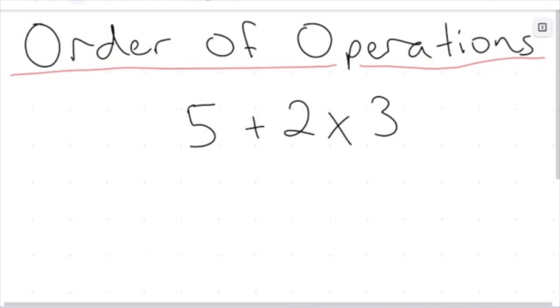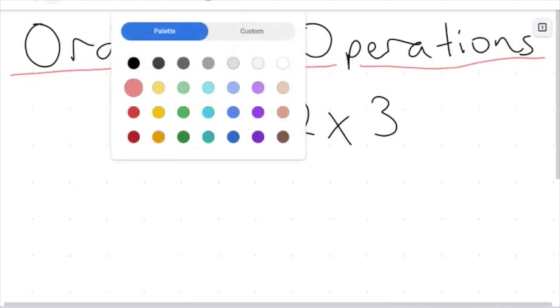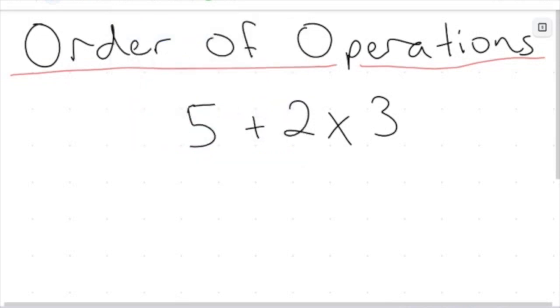Now, when we look at this particular expression, it's got numbers, it's got some operators as well, so adding and multiplying, but we don't really know what order to go about this, right? Because looking at this, it kind of looks like there's two ways we can go.